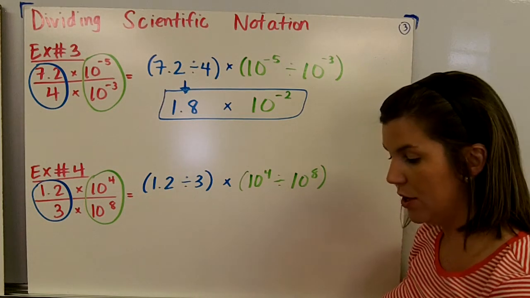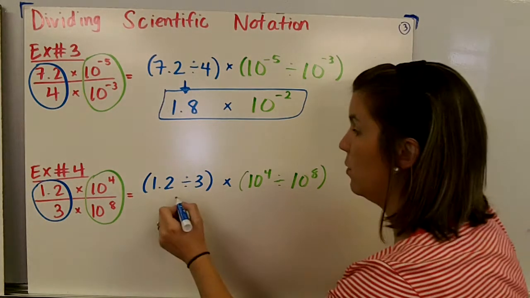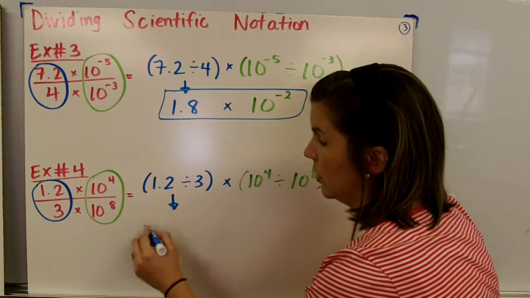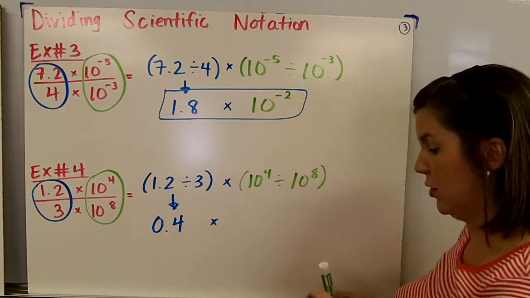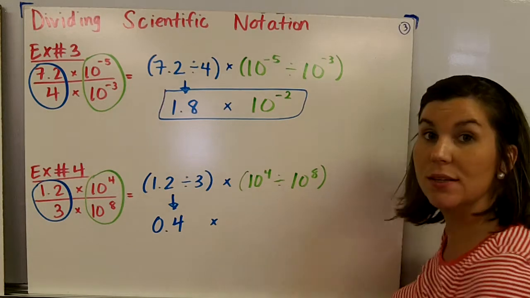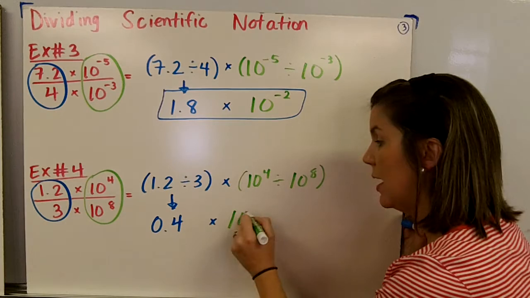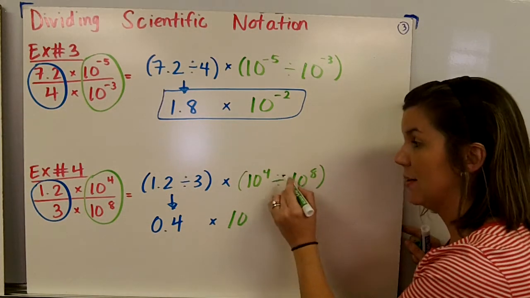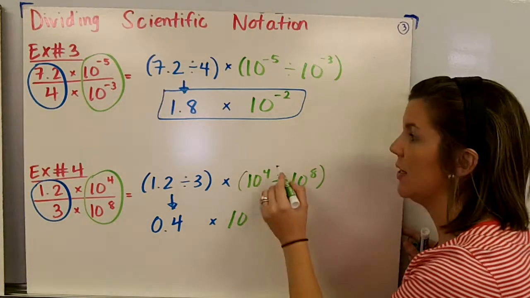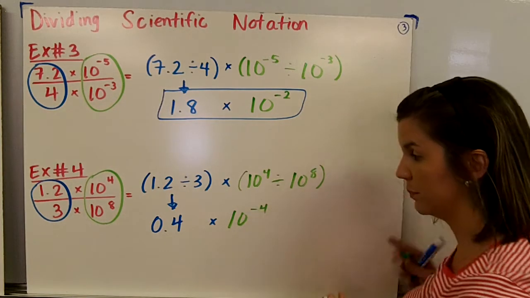Type this in on your calculator, and you should get 0.4. All right. Now these, when dividing like bases, keep the base and subtract the exponents. 4 minus, because this division is kind of like a minus sign, 4 minus 8 is negative 4.